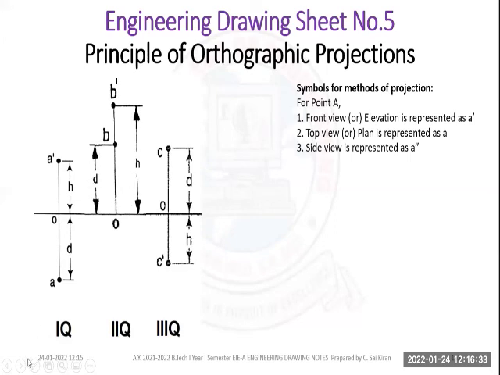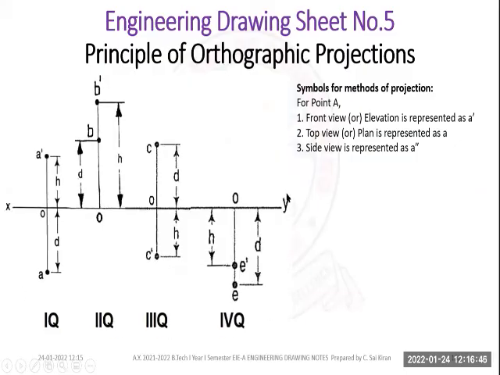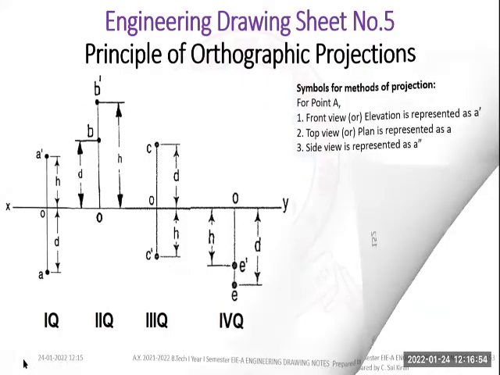Whenever the D is negative, it will come above the XY line. And in the fourth quadrant, H is negative, so whenever the H is negative, it will come below the XY line. And whenever the D is positive, it will come below the XY line. So this is my XY line. With respect to the XY line, this is my first quadrant, second quadrant, third quadrant, fourth quadrant. This you have to remember.